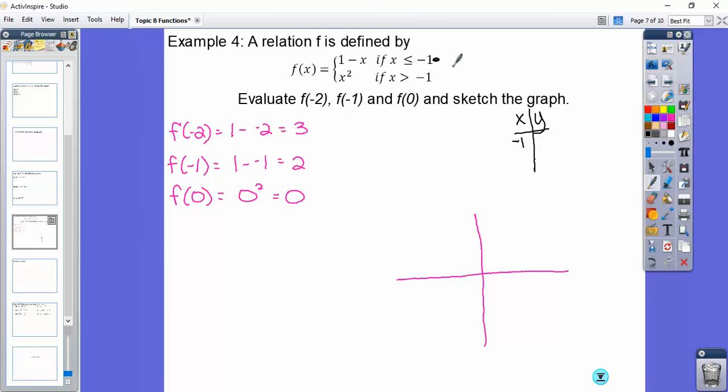So I start at -1, and then I need things less than that. So if I put in a -1, 1 minus -1 is 2. 1 minus -2 is 3. 1 minus -3 is 4. So we have -1, 2.